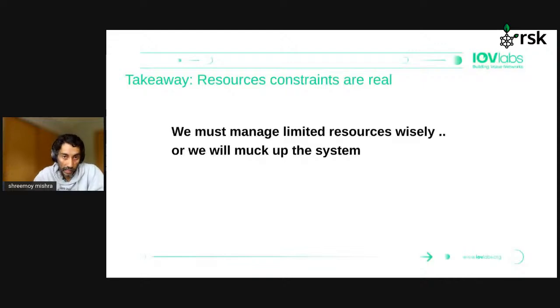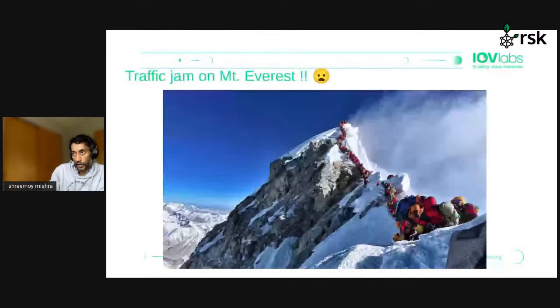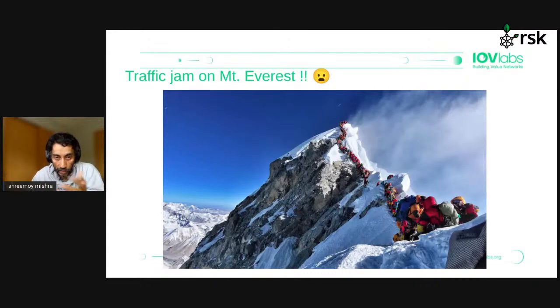Okay. I'm going to wrap up with an image here that will be familiar to many of you. It is interesting at first and then horrifying later. Some of you may have seen this image of the traffic jam on Everest, and people clambering on each other to get to the top and take a selfie.